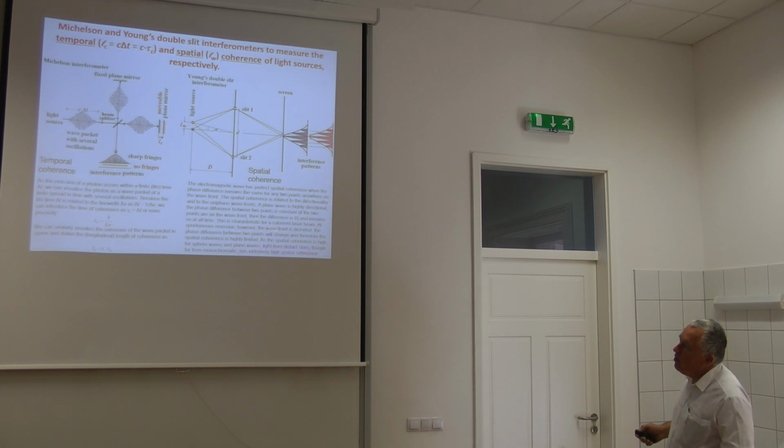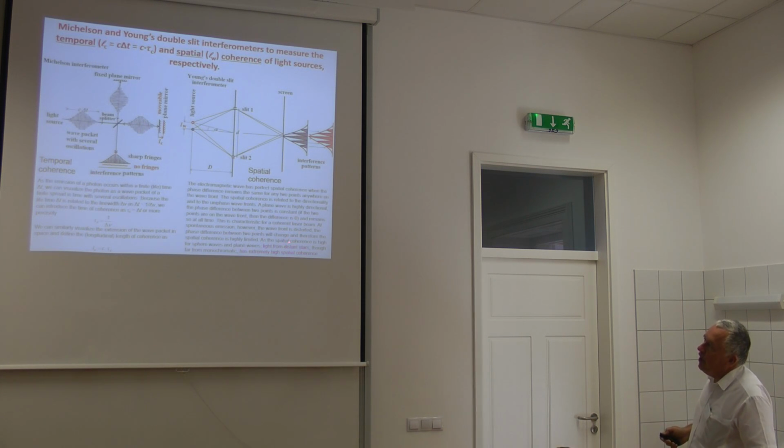I should like to stress immediately here that if we have a star, which, like the sun, is a thermal light source, and this star is very distant from us, the light is practically a plane wave and enters this Young's double-slit interferometer.